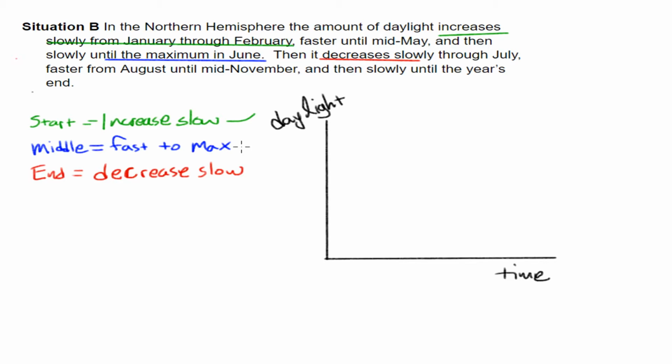Then in the middle here, I'm going to have a maximum, and then at the end I'm going to decrease. So if I tie all of these together, I have an increasing portion here, and then I have a leveling out part with a maximum, and then I have a decreasing portion here.